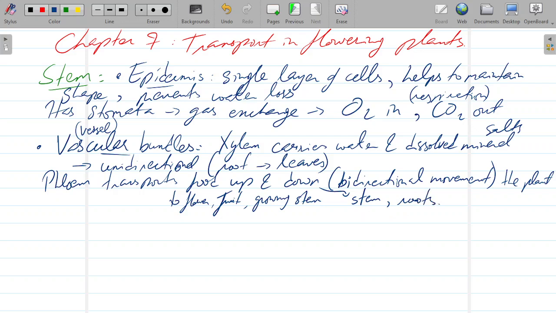So in those cases, we'll be transporting sucrose to the lower regions of the plant. And so the food includes glucose, obviously, and amino acids.